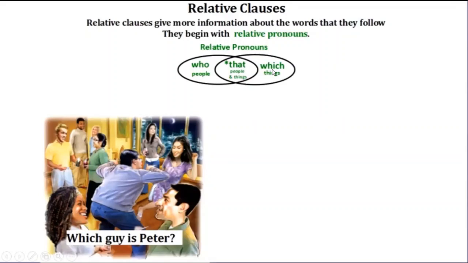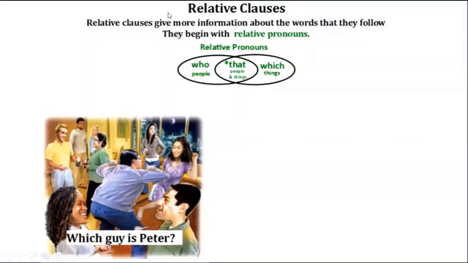Now, we have two types of relative clauses. The first type is called defining relative clauses, and the second one is called non-defining relative clauses, right? So this is what we're going to talk about today.